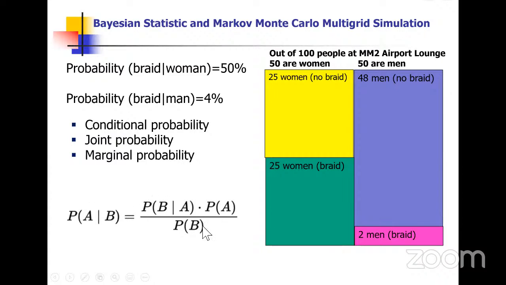This is what we call the Bayesian equation. It's a conditional probability: probability of A if B is true. And then you have the joint probability, combining the probability of B given A and the probability of A. And you have the probability of B, which is more like the marginal probability.